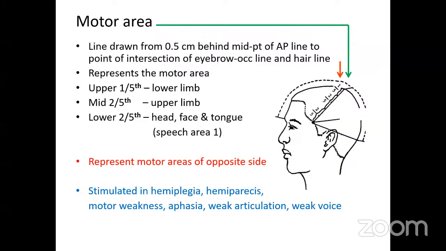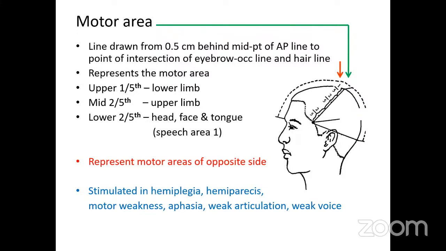Please remember, here we are using centimeters; everywhere else on the body we use cun. So 0.5 centimeters behind, you drop a perpendicular laterally where it should intersect the eyebrow-occipital line at the level of the hairline.